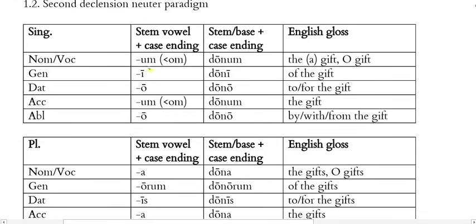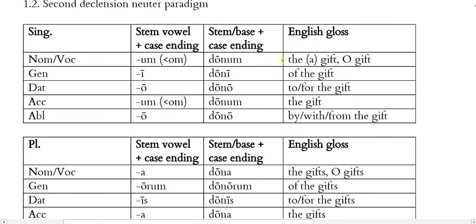That O weakens to U. Genitive singular -i, dative singular -o, accusative singular again -um, and then ablative singular is O with the macron, so it's long. And so our forms are donum, and this is using the noun that means gift. So donum, doni, dono, donum, dono.